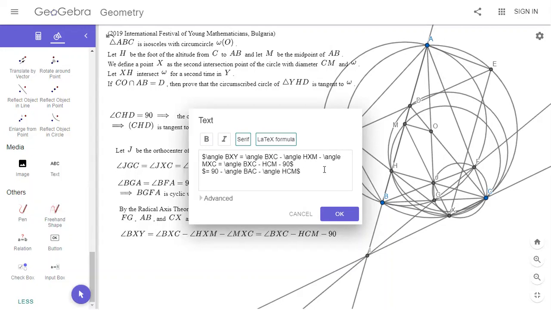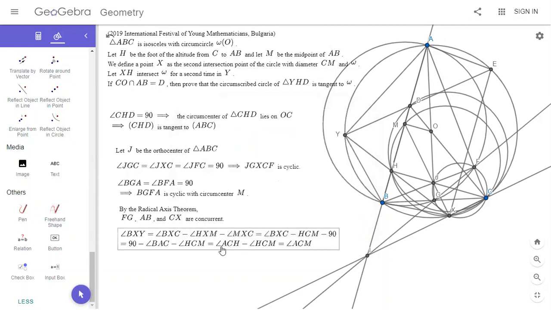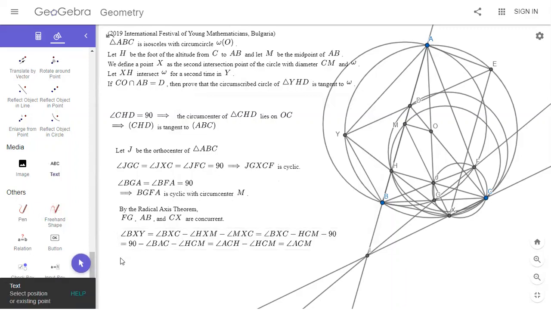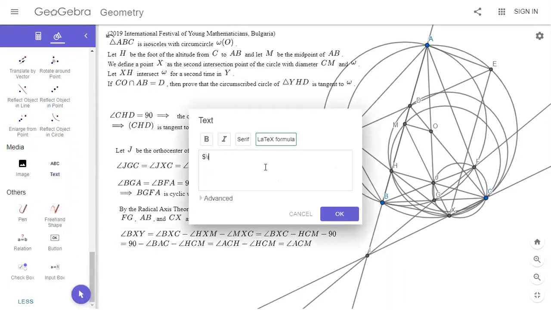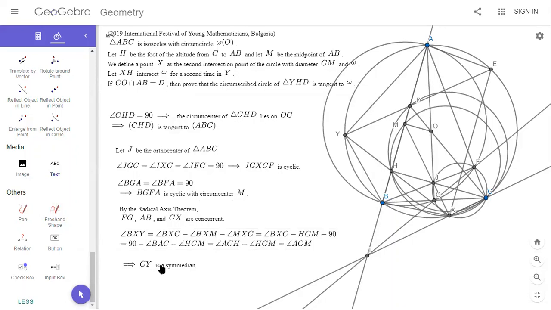And 90 minus angle BAC is angle ACH, which is equal to angle ACM. Okay. So that means that CY is a symmedian. Okay. And that means that ACBY is harmonic.